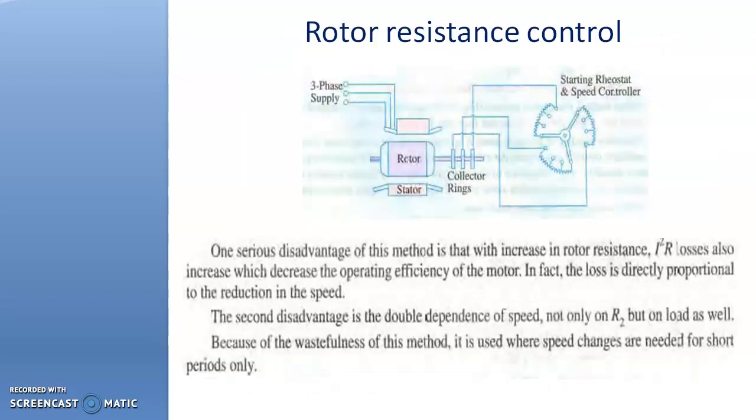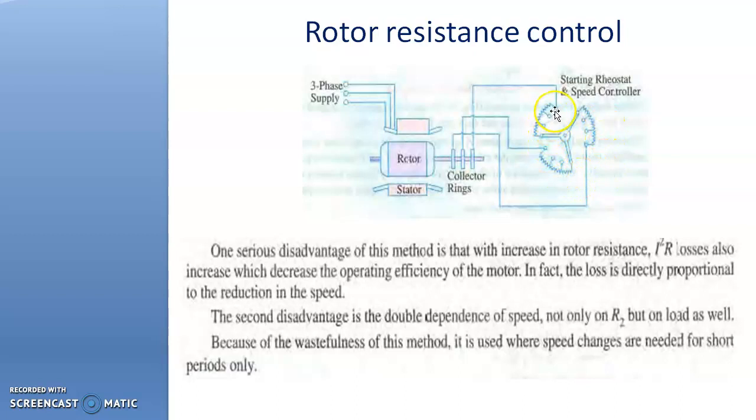The next method of control is the rotor resistance control. This method is applicable only to the slip ring induction motor or wound rotor induction motor, wherein the rotor circuit itself has a variable resistance connected in it. This resistance we have already studied in the starter topic, that this rotor resistance can be varied to start the motor, like in DC motors, the 2-point, 3-point or 4-point starter, wherein we use an external resistance to start the motor by decreasing the high starting current drawn from the source.